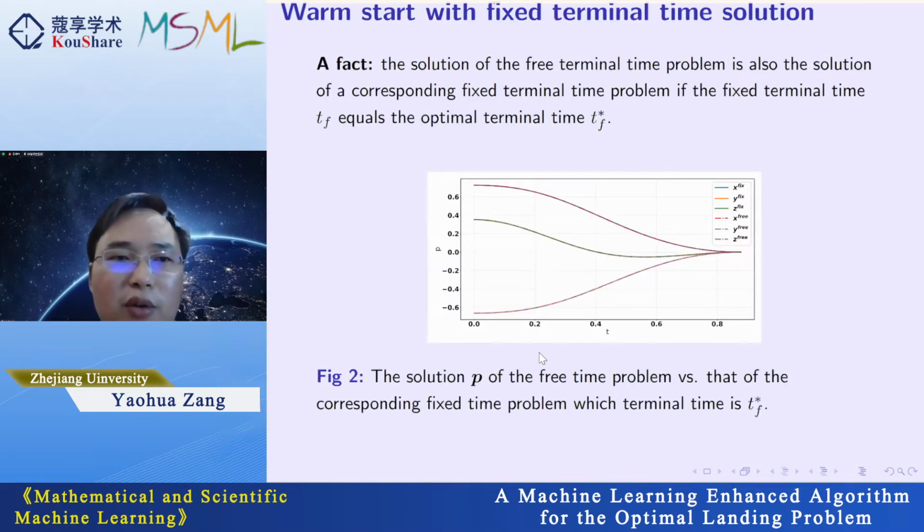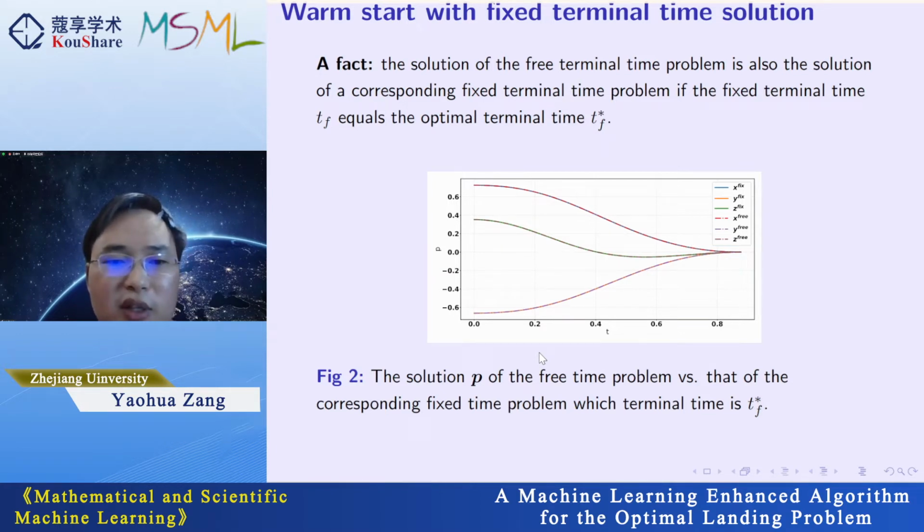Before we introduce the proposed machine learning enhanced algorithm, let's look at the fact that the solution of the free terminal time problem is also the solution of a corresponding fixed terminal time problem, with the fixed terminal time tf equal to the optimal terminal time tf star. This can be seen from figure 2.